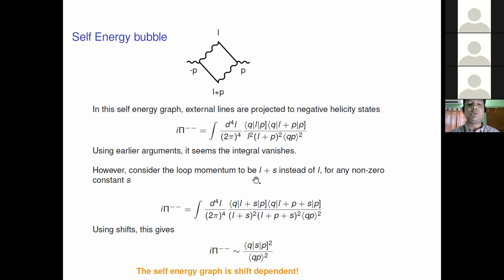But if we consider the loop momentum to be L plus S instead of L, for a non-zero constant S, then this integral is not vanishing. If we calculate the shift of the integral using the method of shifts, this gives a finite result. So the self-energy graph is shift dependent.